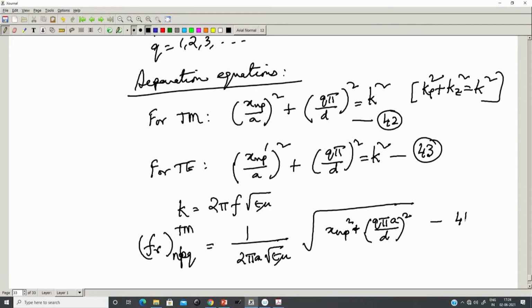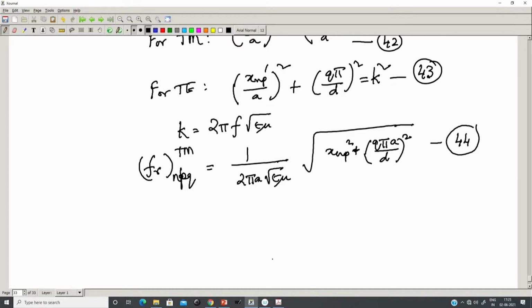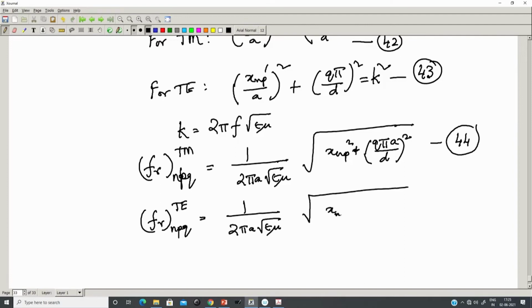And f r n p q for the TE mode becomes 1 by twice pi a root of epsilon mu, root of x n p dashed square plus q pi a by d whole square.